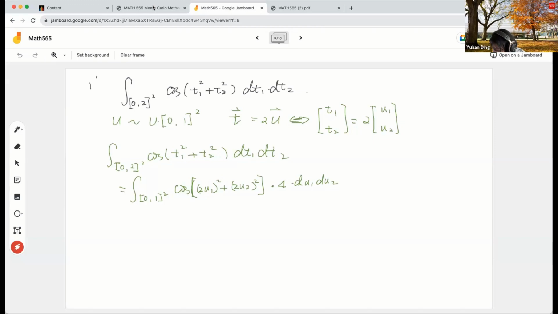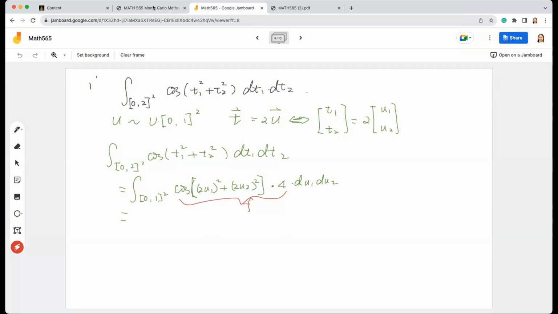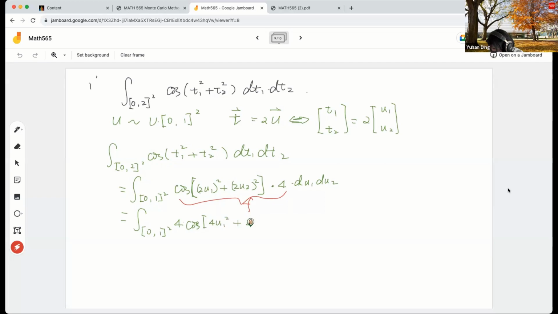Then what is our f? Your f is 4 times cosine of 2 times u1 to the power of 2 plus 2 times u2 to the power of 2.